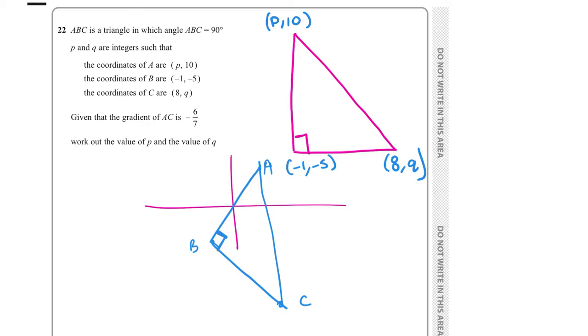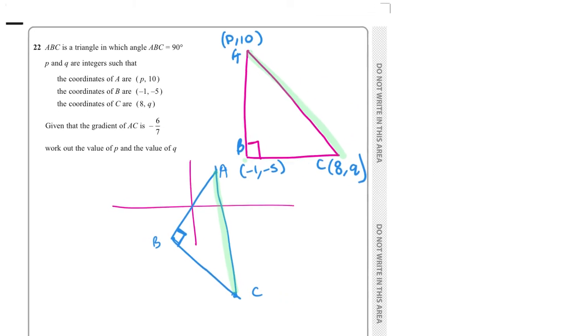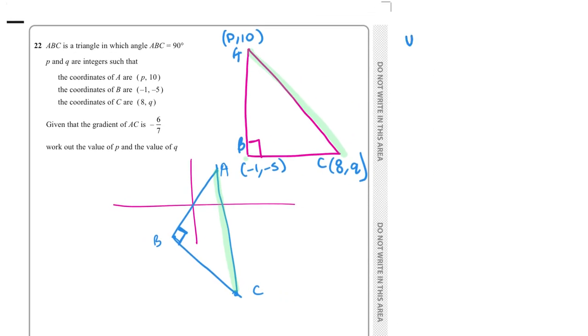The gradient of AC is -6/7. How do we find out the gradient? Y2 minus Y1 over? Exactly.